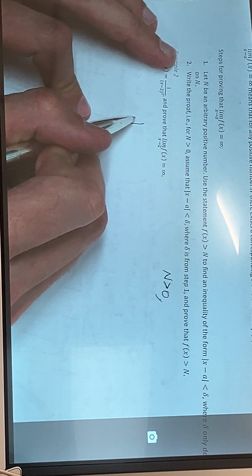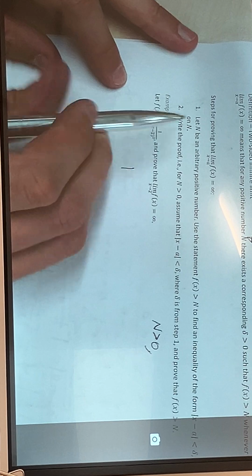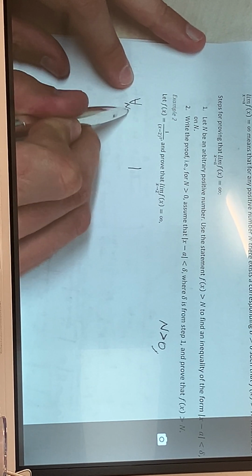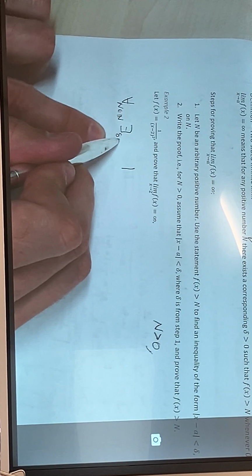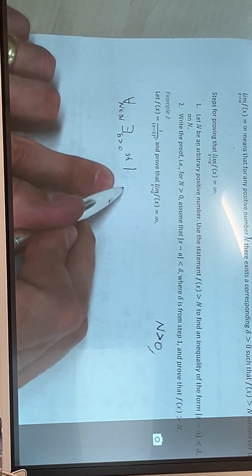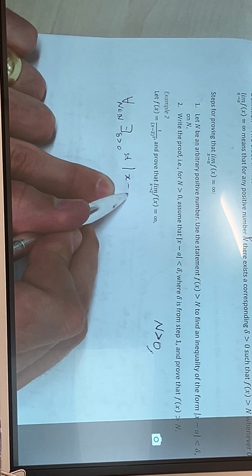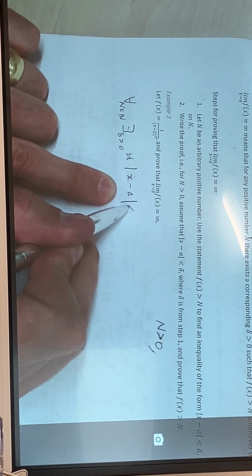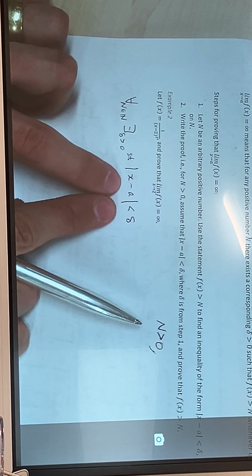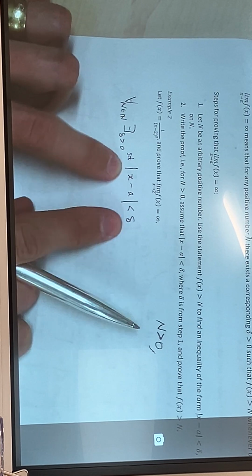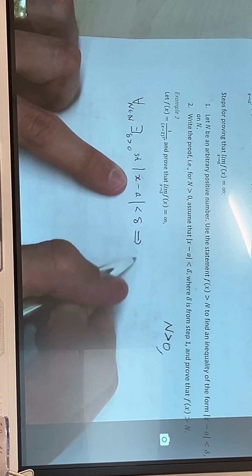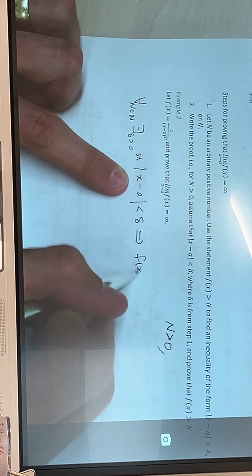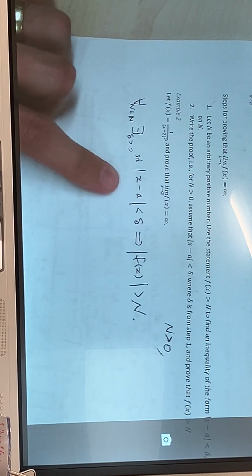Because we want the implication to go like this: I'm going to load up some symbols at the front, which is that for every number n that you can pick, there's some delta such that if x is within delta of the number a, which is weird saying it out loud while writing it because a goes first and then delta, but this means that the distance between x and a is less than delta, that will imply that the function value is more than n.